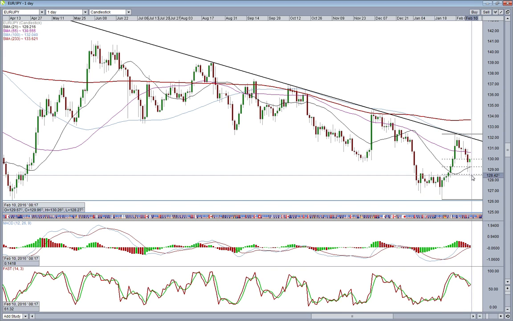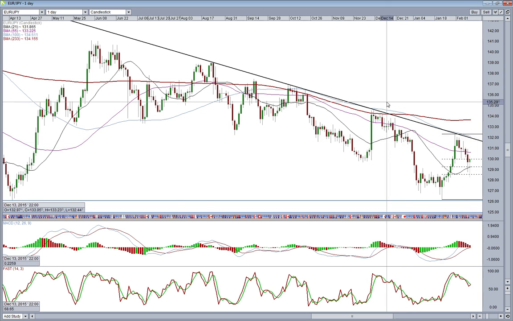So the fact that we've caught a bid on that 61.8 Fibonacci retracement level opens up the potential for a move to the upside through that descending trend line for me. That's not guaranteed by any stretch at this stage. That just makes me potentially slightly less bearish at this stage, which I would have been prior to that rebound. The interesting levels now are going to come around those 131.70s, maybe 131.50s. Again, prior region of support.